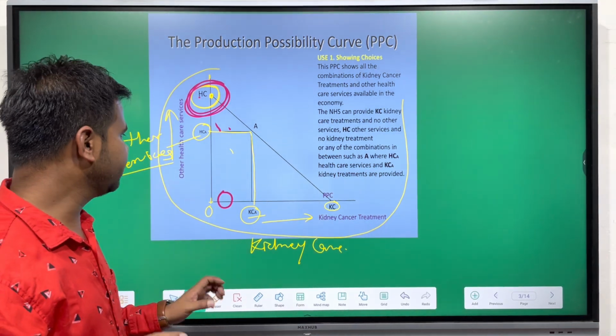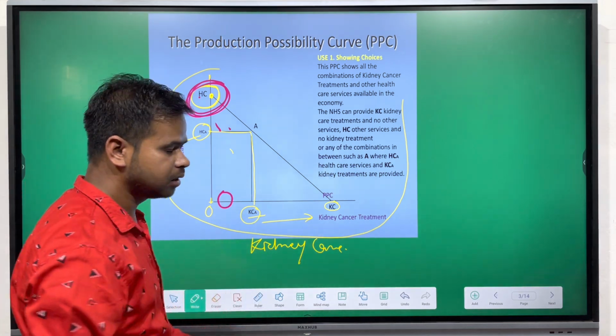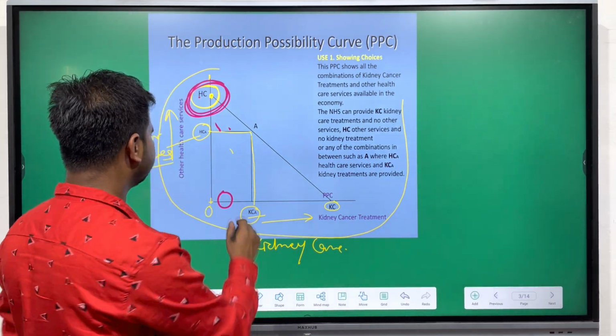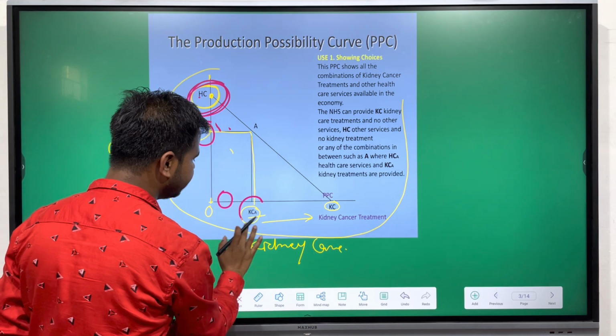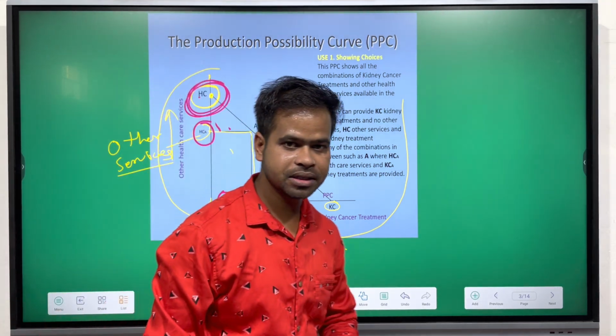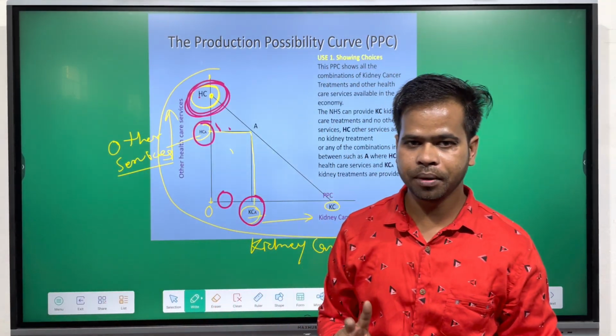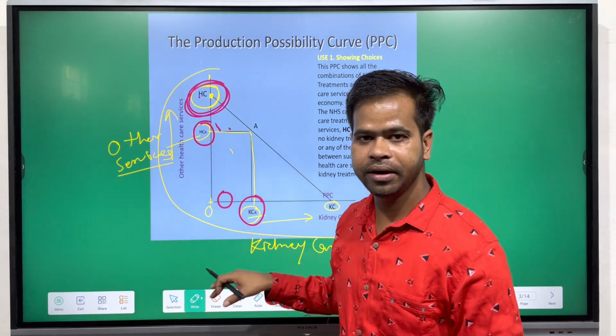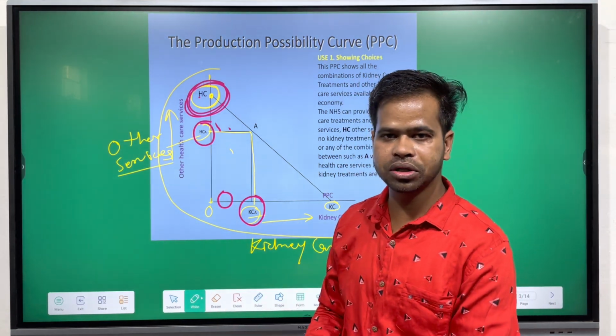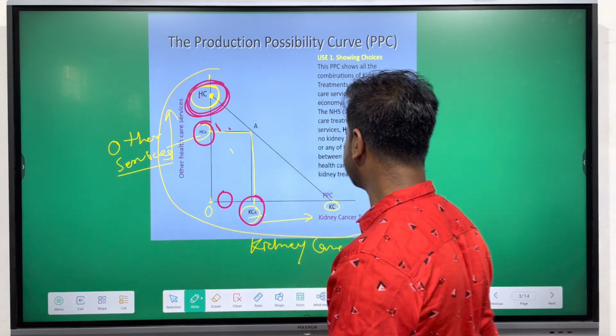So in the economy we have to see that we have the combination of healthcare and kidney services also. It means we have to produce two types of goods because we need two or more than two goods.